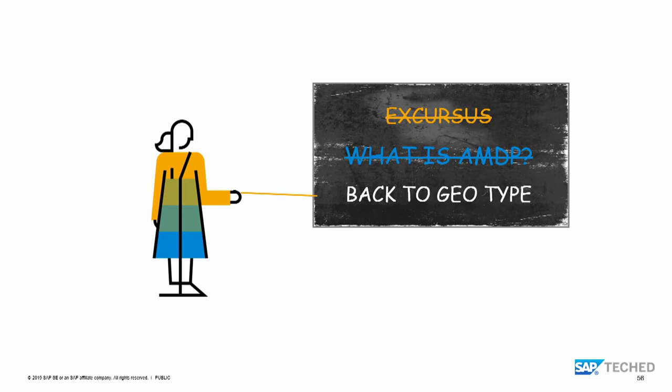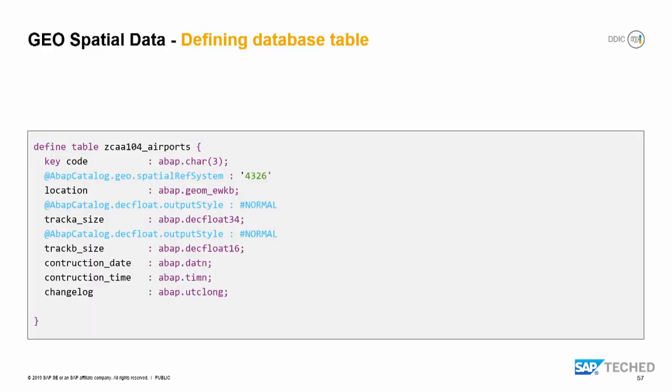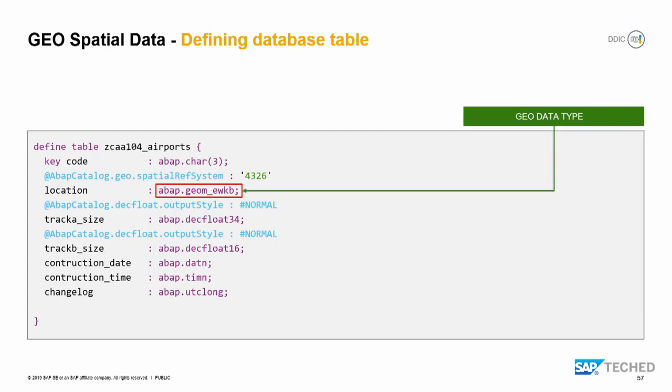So now we are able to go back to our geospatial data. With that, we can create tables, for example, with this type. It's a normal ABAP type. However, there is a specific point: we need to add the semantics together. We are now representing coordinates or points on our planet. That's the idea.